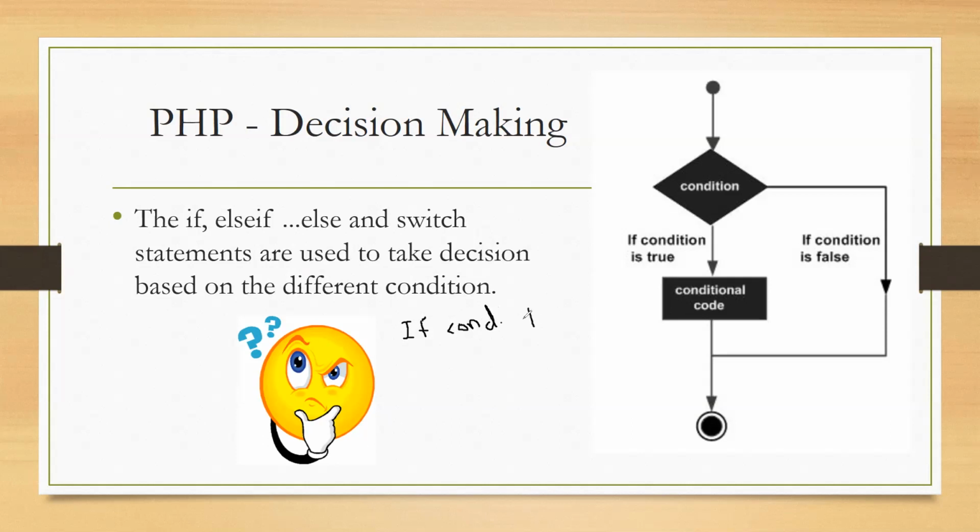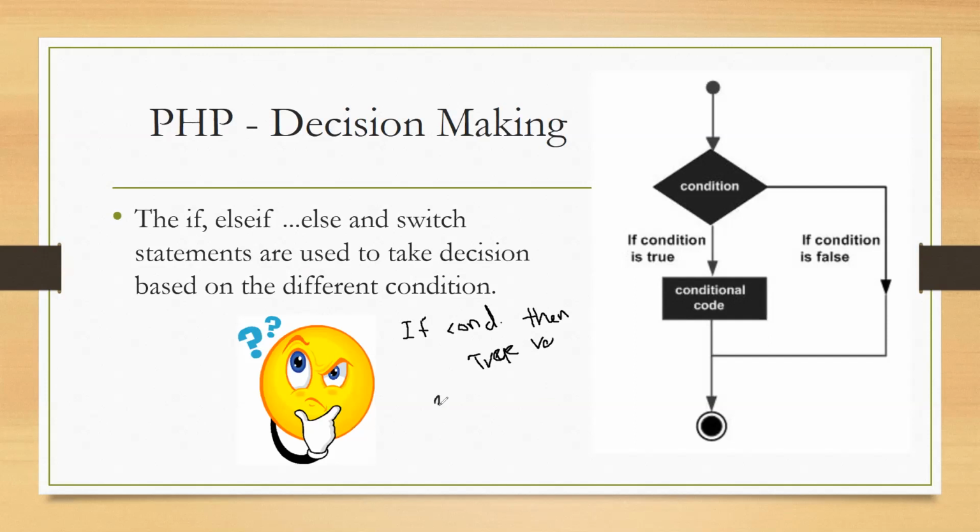Then after that we have to put then. So this is pseudocode, not PHP. If the condition is true only, we put the true result here. When the condition is true, here we put the true result.